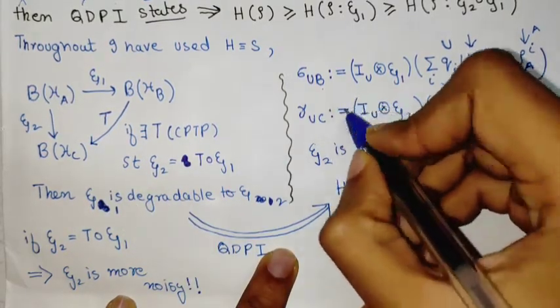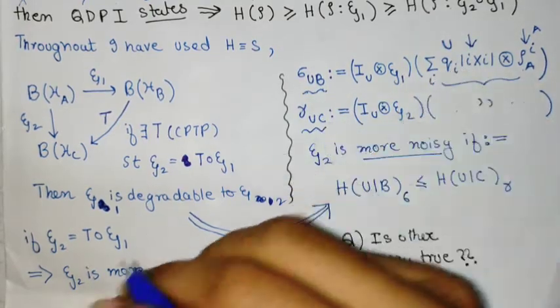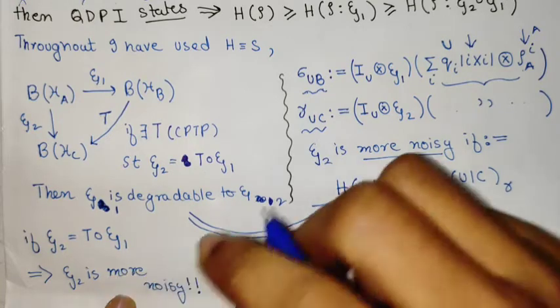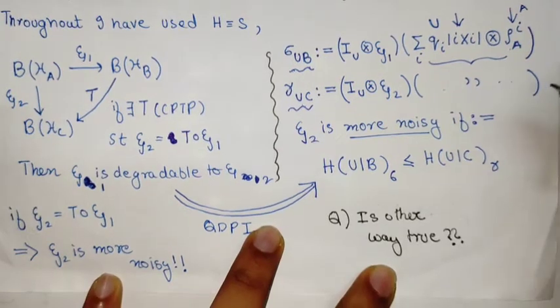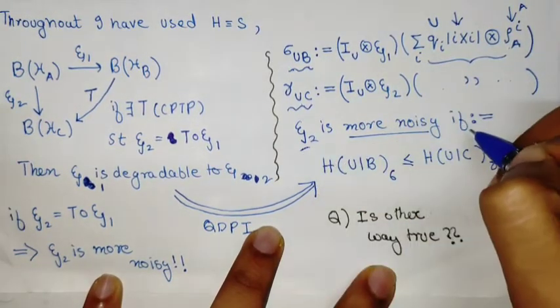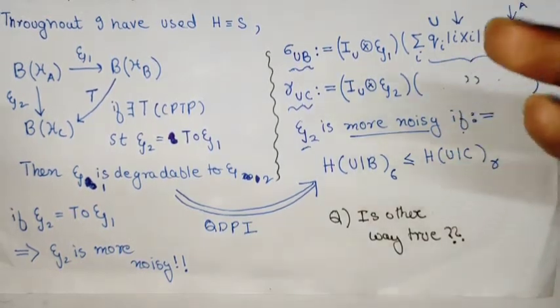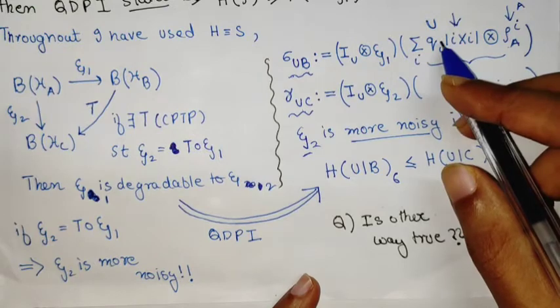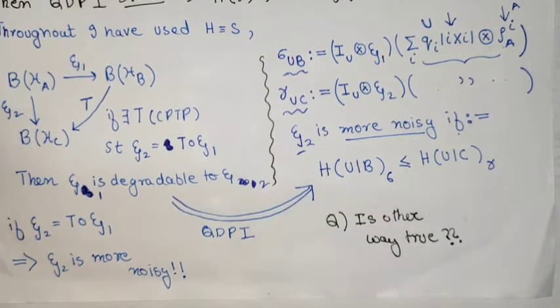I define these local mappings over the classical quantum states in this particular fashion, and then I say that epsilon 2 is much noisier than epsilon 1 if, intuitively, I get more uncertain about my classical distribution after processing by epsilon 2. That is what it means simply.